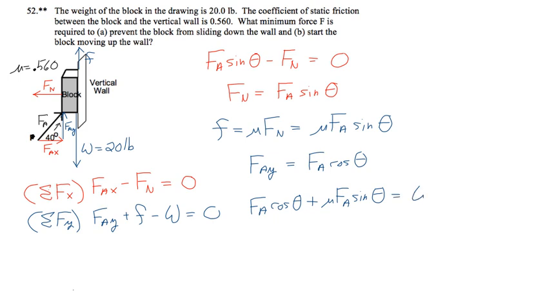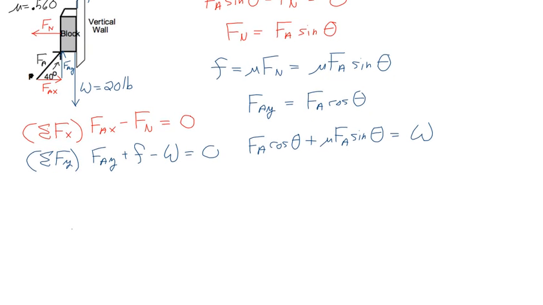And at this point, the rest of the problem is an algebra problem. Because if you look, if I do a checklist here, I do know what the angle is, I do know mu, and I do know W. So the only variable that I don't know in that equation is Fa. And what do you do when the unknown is in more than one term? Factor it out. So I'm going to do two steps at once here.